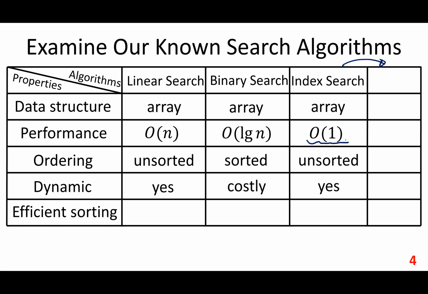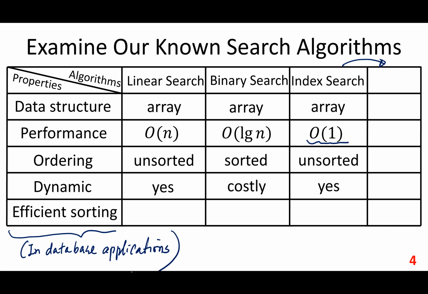Why do we consider this last requirement? This is useful in database applications. In many database applications, it is very useful. So that's the reason we also consider efficient sorting.